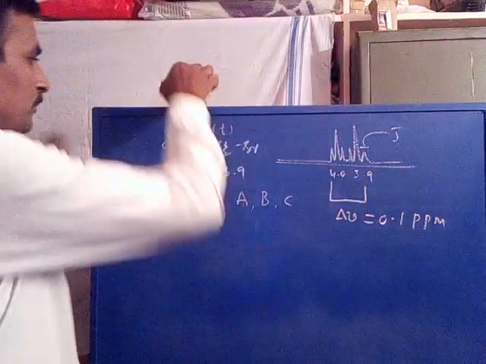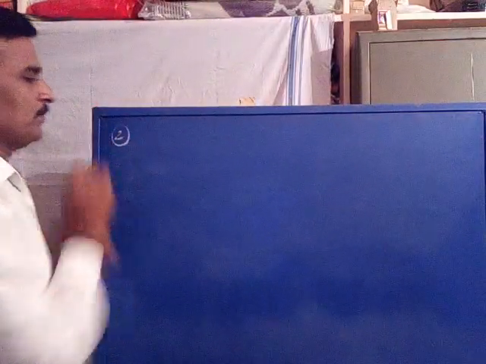Is it clear? Now, coming to the second notation. According to Pople, in both cases, either more frequency difference or less frequency difference, under AMX or under ABC, letter A is always used to designate the set of coupled protons with higher delta value.